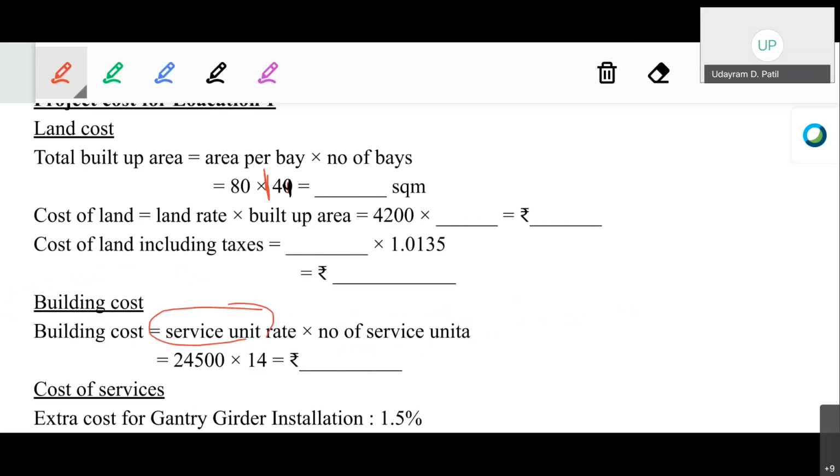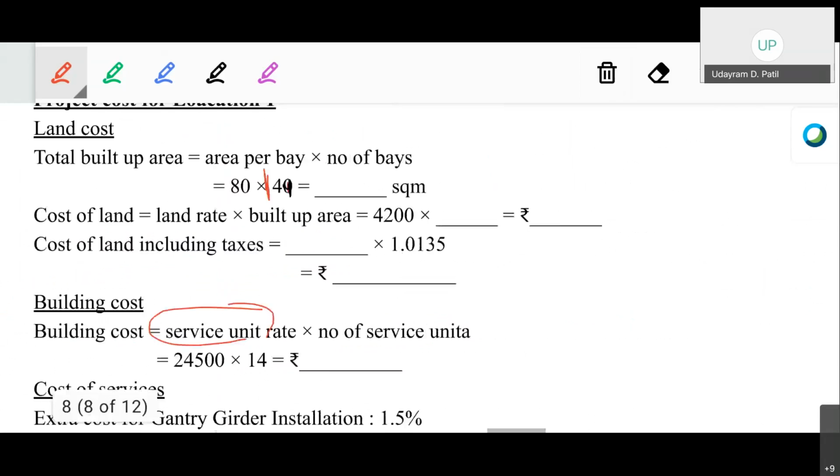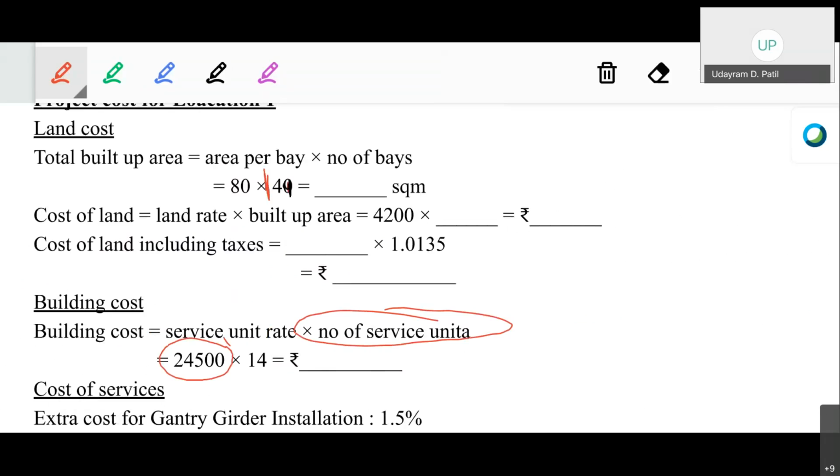So the service unit rate is given as 24,500. Okay, the cost of the building is तुम्हाला दिलेला आहे, that is 24,500 rupees per bay. So multiplying the service unit rate, that is 24,500, with the number of service units in the particular proposed building, that is 14. So 24,500 multiplied by 14 will give us the building cost of that particular project. Okay, that is 3,43,000 rupees.